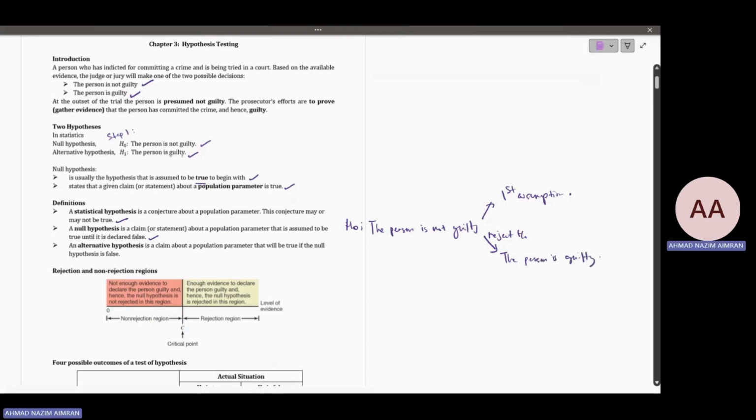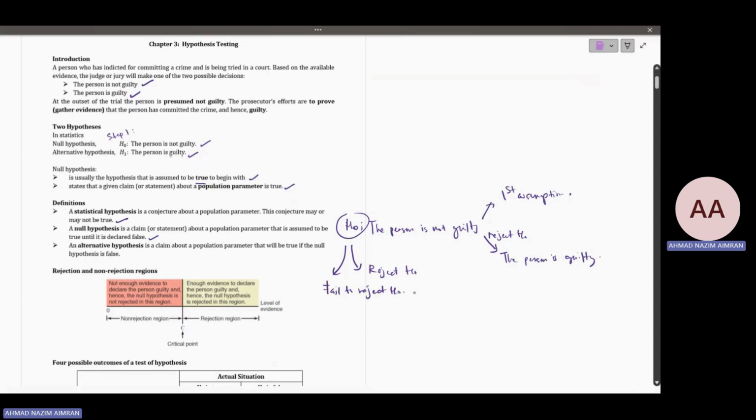So that is why in statistics it is whether we want to reject H null or fail to reject H null. You need to remember this, because it is either reject or fail to reject H null only.